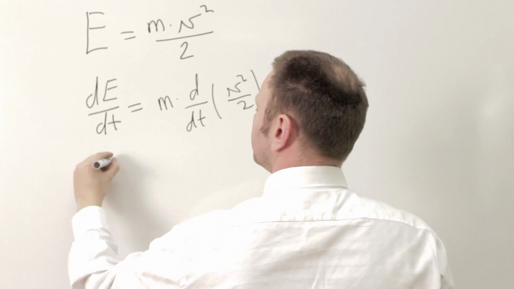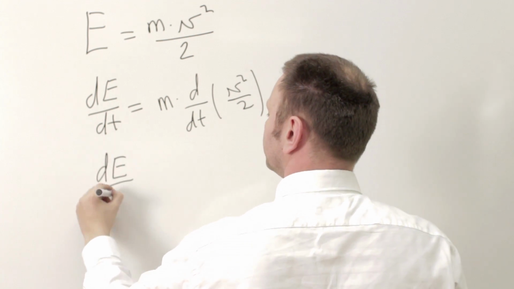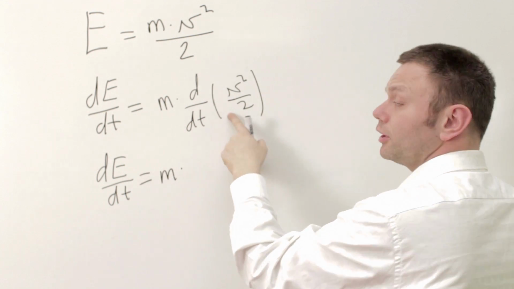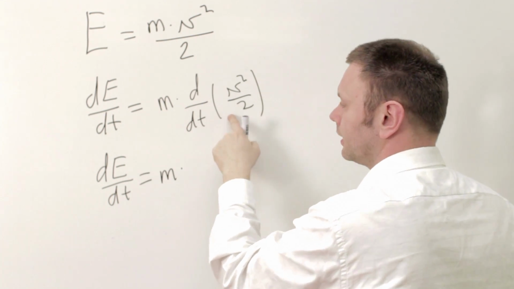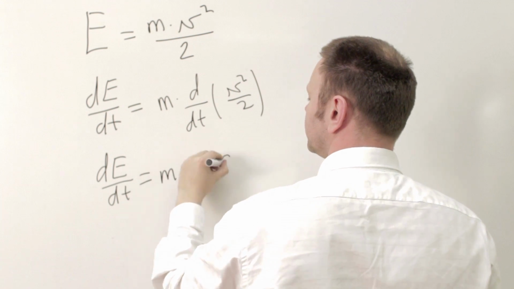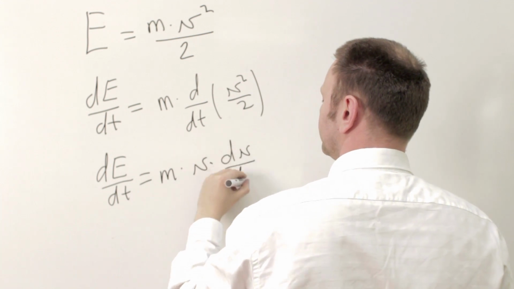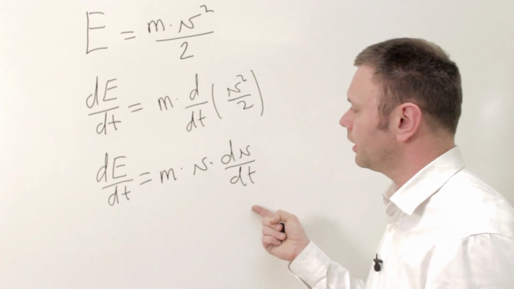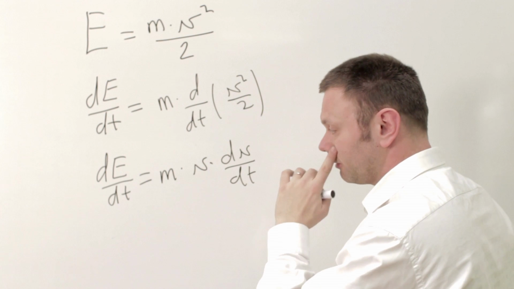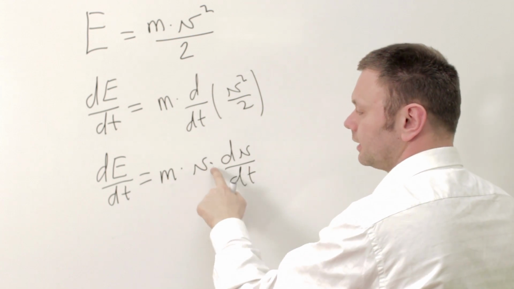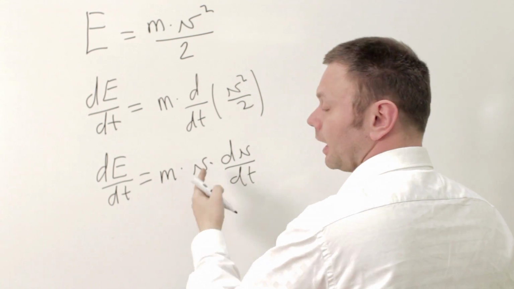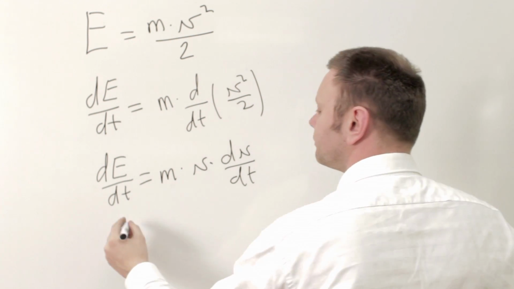So d by dt is equal to mass times, now when we differentiate this term here, we actually get v times dv by dt. And this is really it, because here we now realize that we actually have the force equation. Mass times acceleration is giving us force, and force times velocity is power.